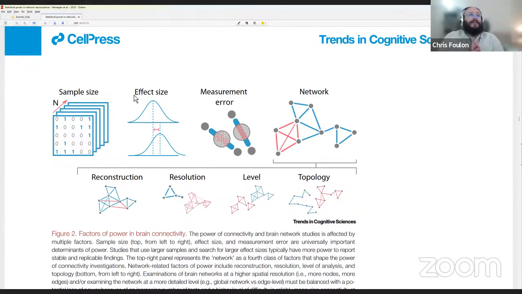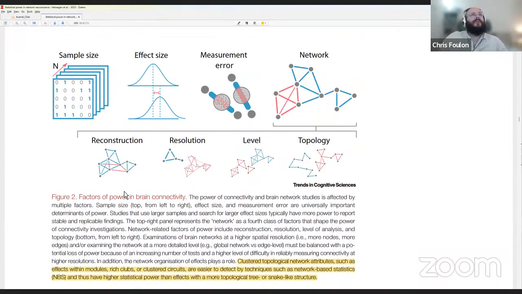But the effect size is also very important because sometimes the variations for significant effects that we are looking for might be very small compared to the whole variations of the data set, which also potentially decreases the effect size.